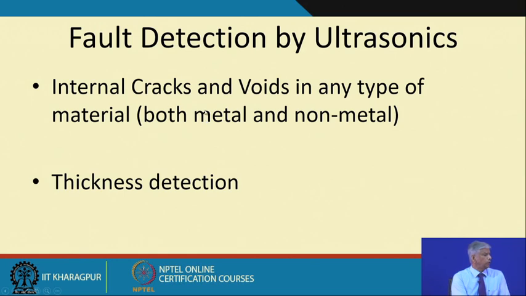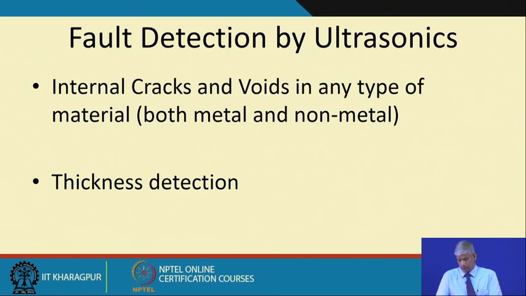So, ultrasonic is used to find out internal cracks and voids in any type of material, both metal and non-metal, though for non-metal I will require a high power ultrasonic, and usually for thickness detection.